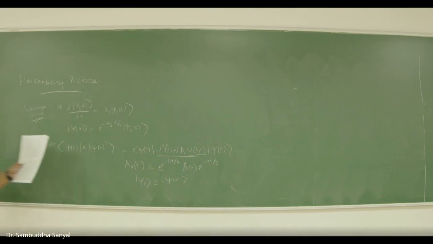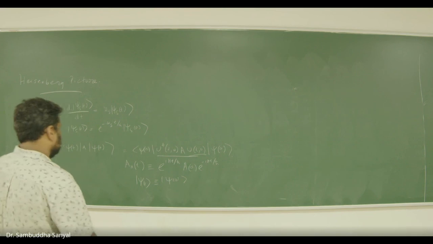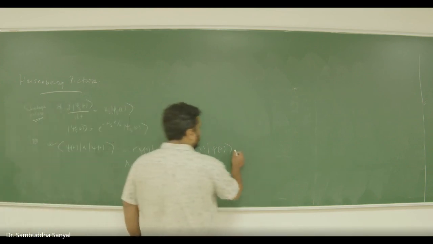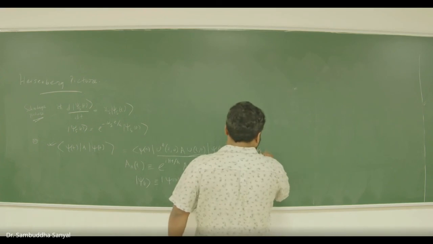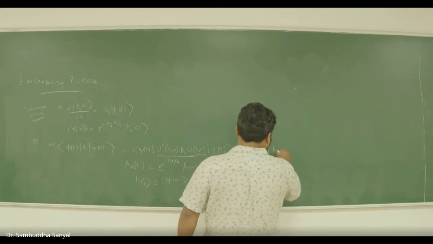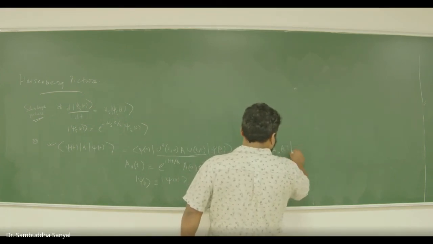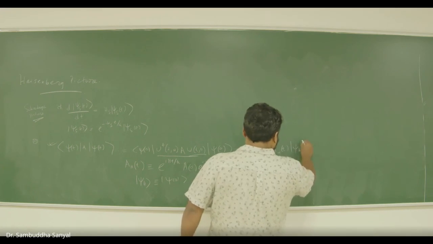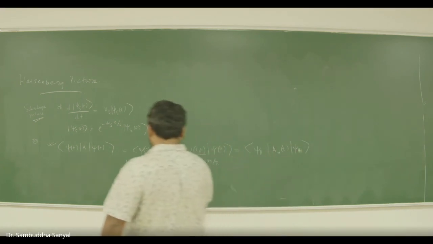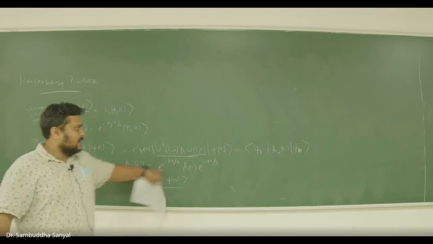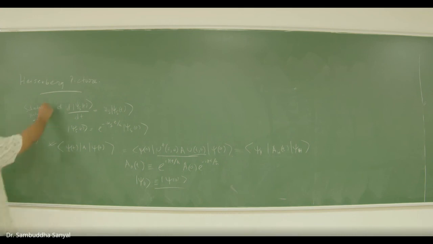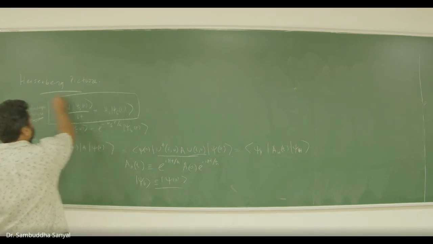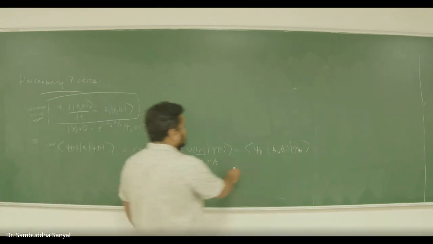So now I can rewrite this, because psi h is the one which doesn't evolve, and A_H(t) basically contains all the time evolution. So now I can write an infinitesimal version of this.